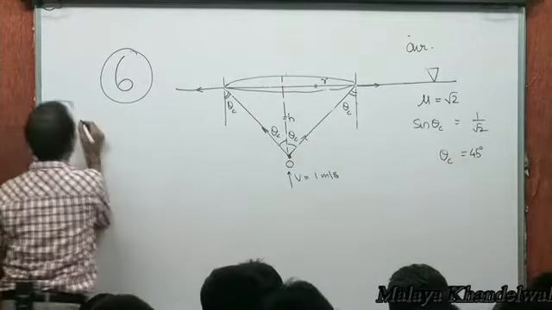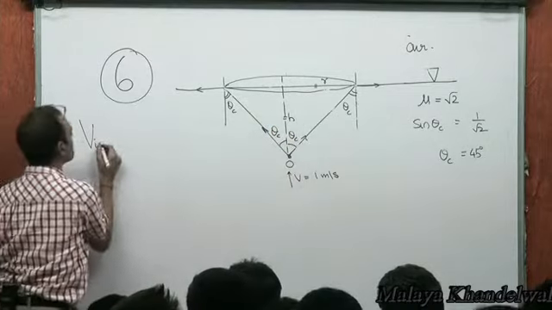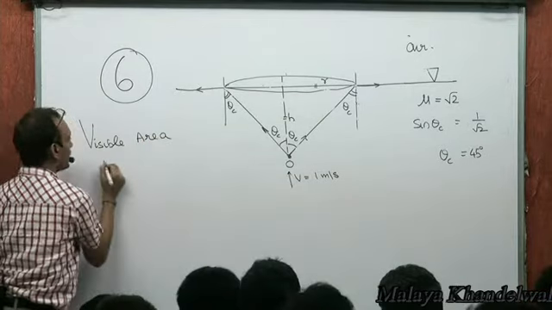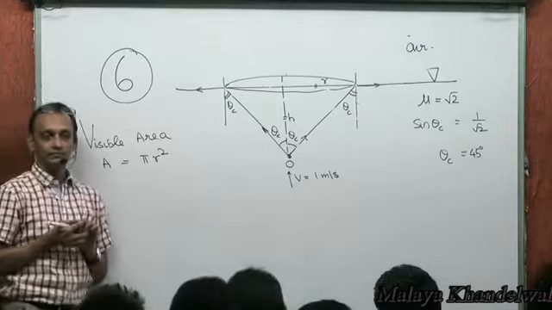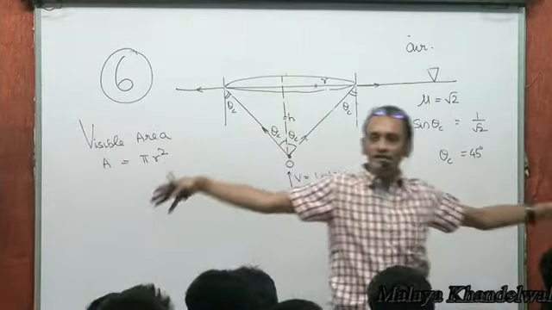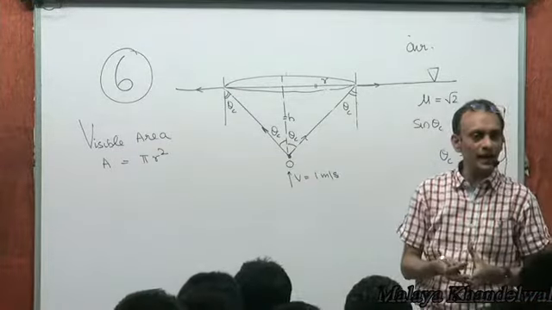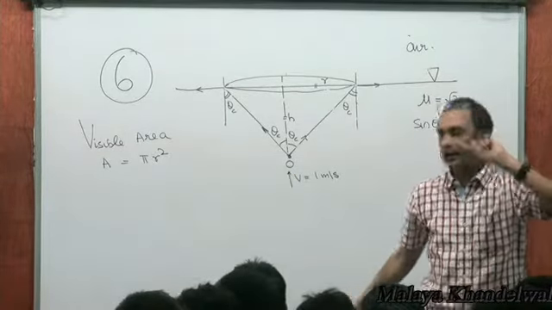The visible area at any given instant, A is pi r squared. Beyond that, there is total internal reflection, right? The base of this cone is the visible area. After that, rays will get totally internally reflected, right?